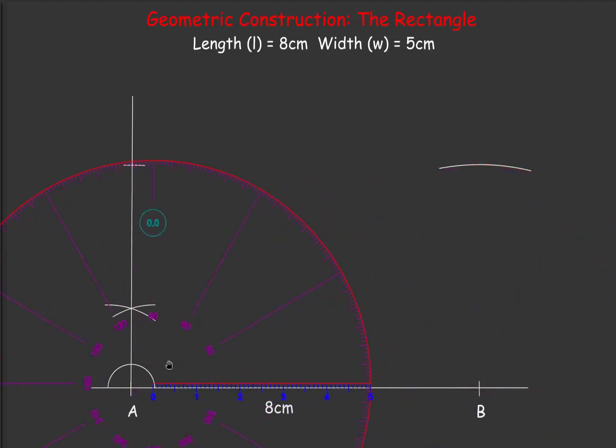Now we want to measure AB, which is 8 centimeters. So with my compass pin at my A, I'm going to open as big as what? 8 centimeters. You see? So right on point B. And what I'm going to do is move to this point, where you have the arc you drew over here.